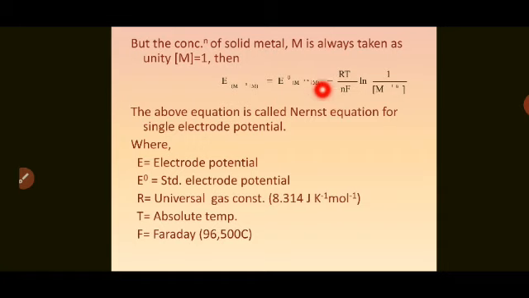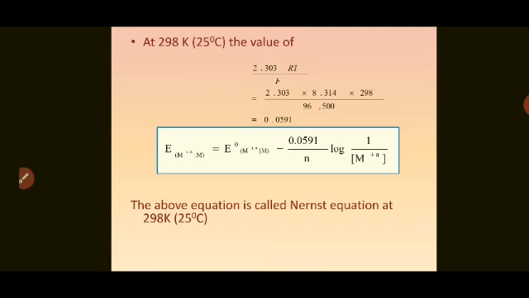That is, we take one constant which is 2.303 RT. Now this value comes as 2.303 into 8.314 into 298, where the temperature is 298, divided by 96,500, which comes as 0.0591.